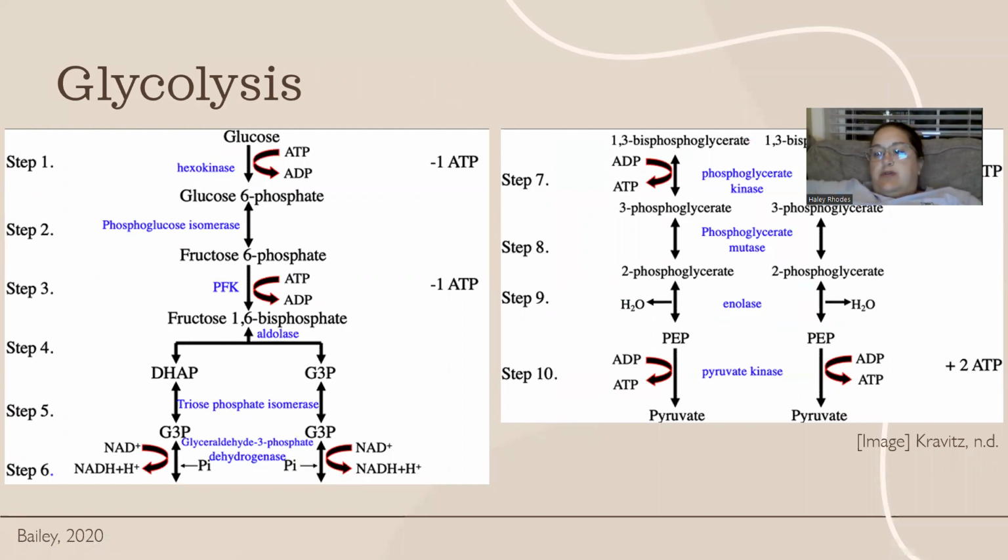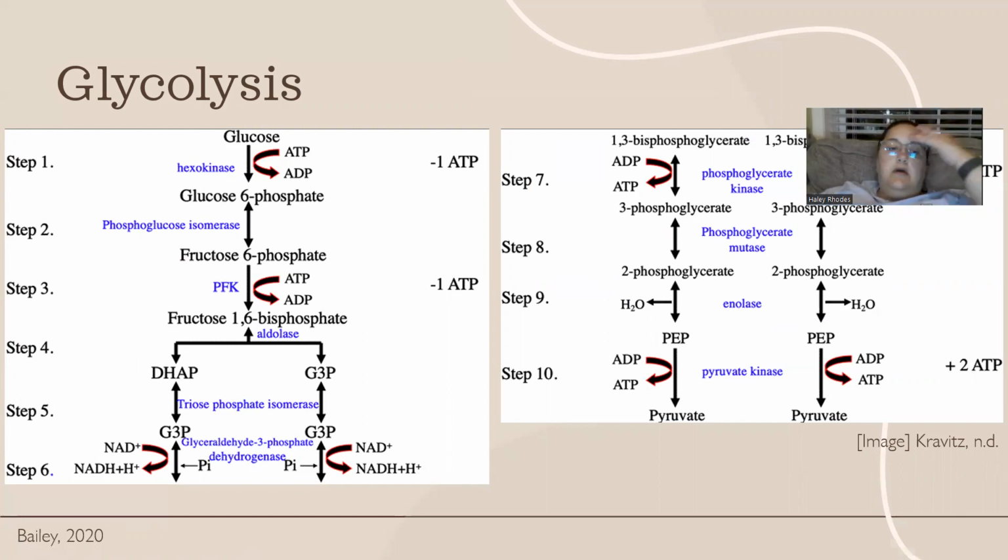So in order to appreciate how aldolase is used in glycolysis, let's take a moment to walk through the process. So starting in step 1, hexokinase.